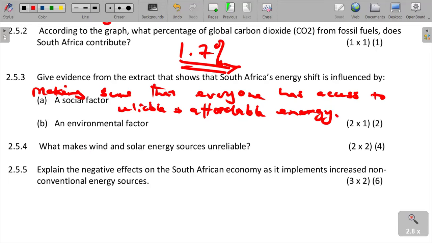The issue of everyone shows that it is a social issue, making sure that everyone has access.